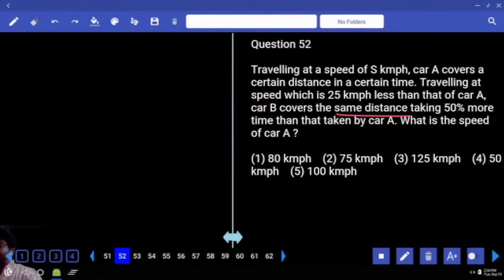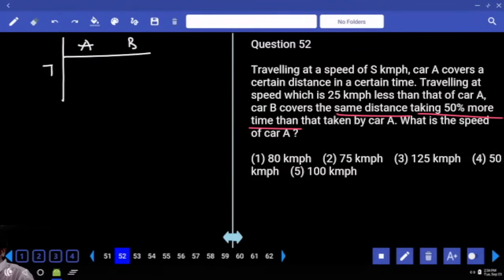Same distance. Car A and car B both are going to cover the same distance. That is a statement given in the question. Agreed or not? Now, car B takes 50% more time than the time taken by A.